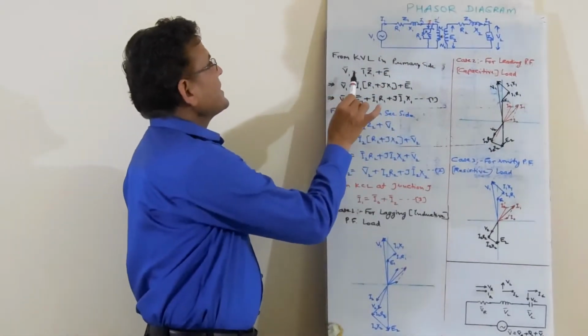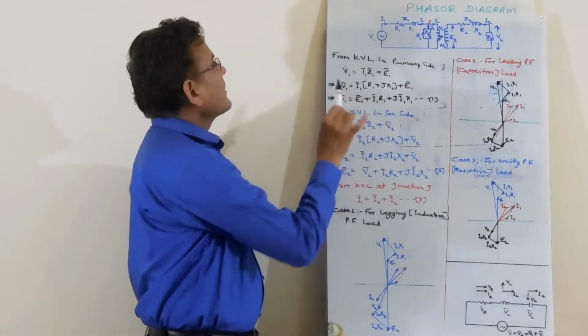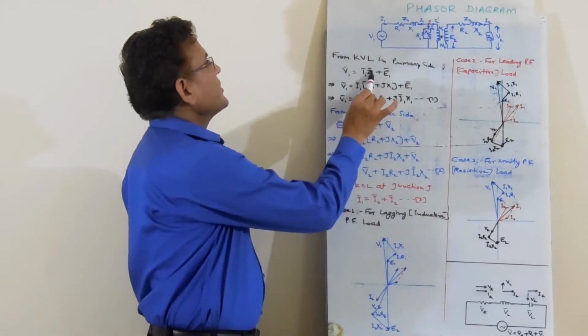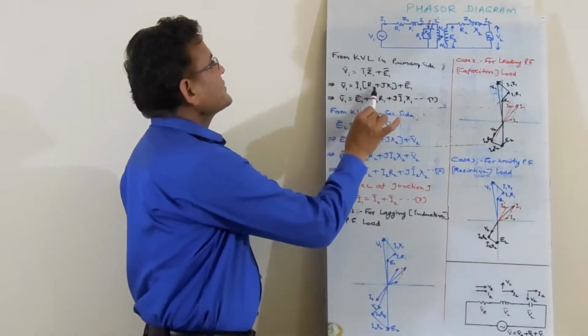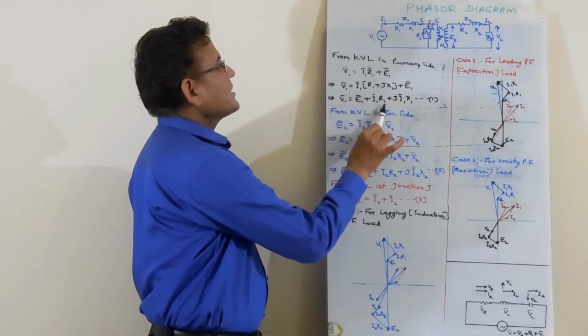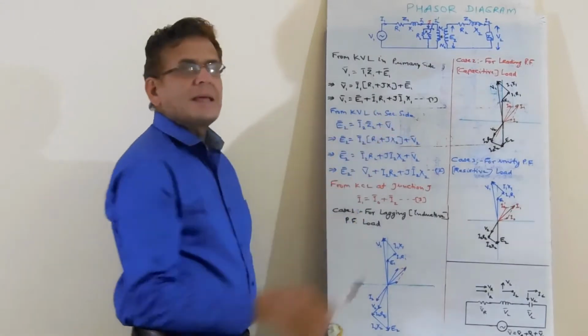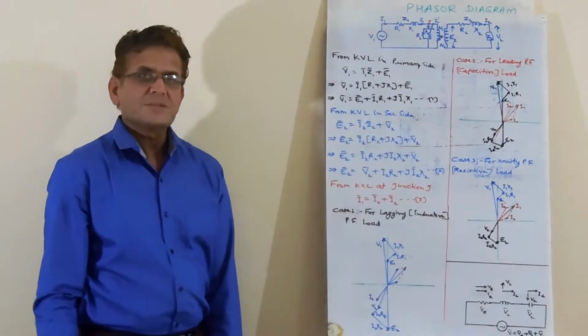So supply voltage V1 is equal to voltage drop in impedance Z1 plus E1. This impedance Z1 can be written as R1 plus jX1, and expanding this, supply voltage is equal to E1 plus I1R1 plus jI1X1. Mark this as equation number first.